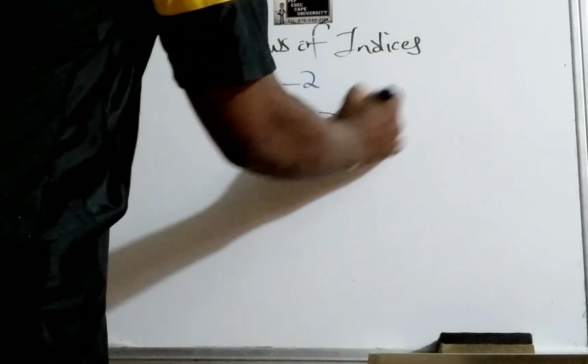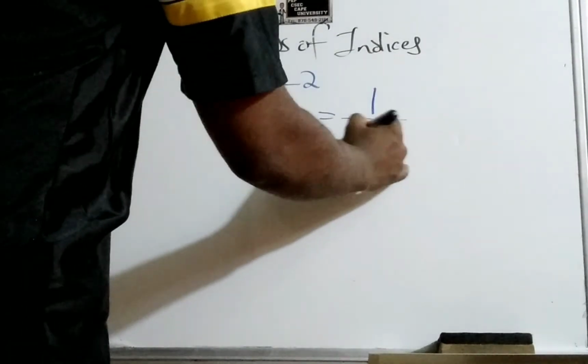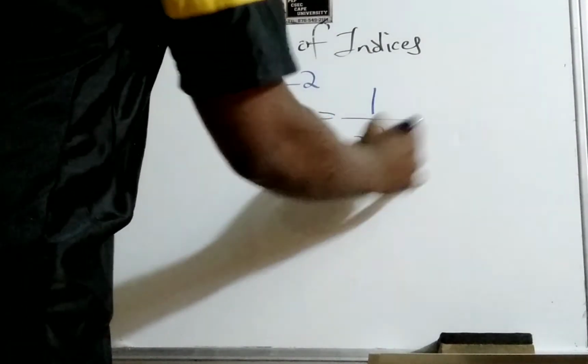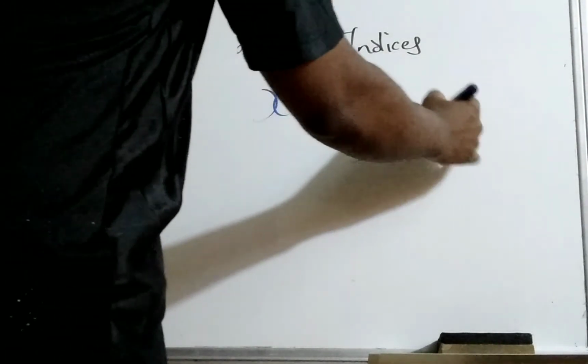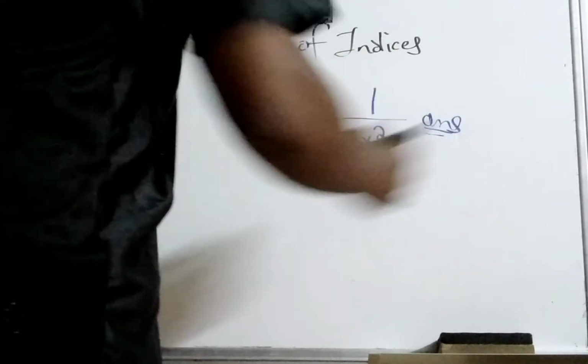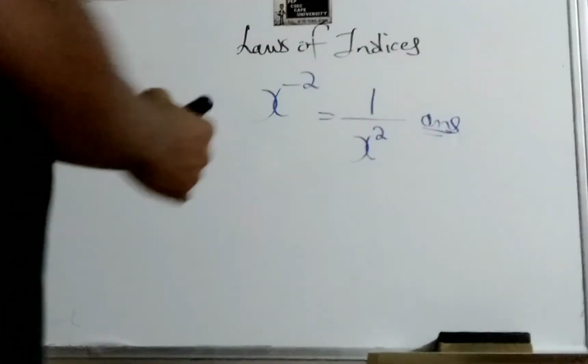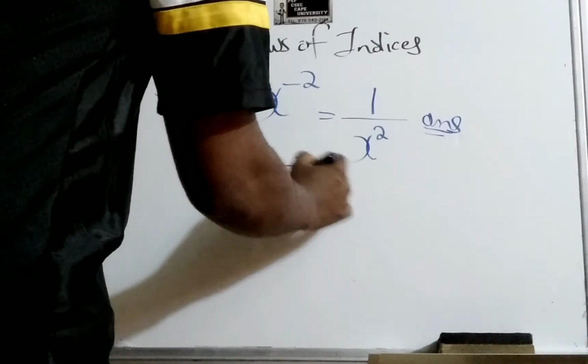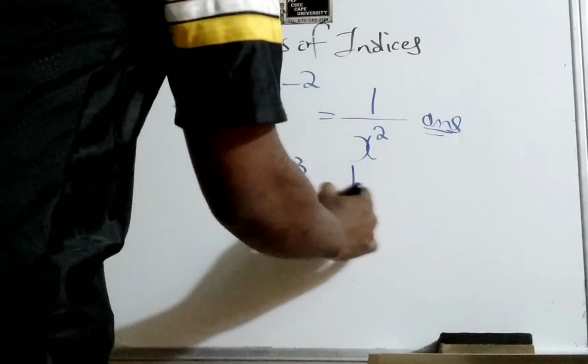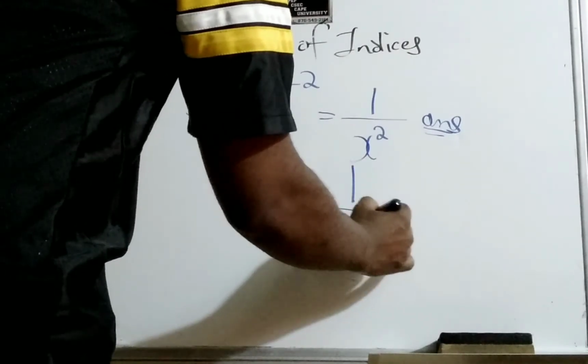The rule says it will be 1 over x squared. So this indicates that it is less than 1. It's a fraction. Similarly, if we have x raised to the negative 3, it is 1 over x to the 3.